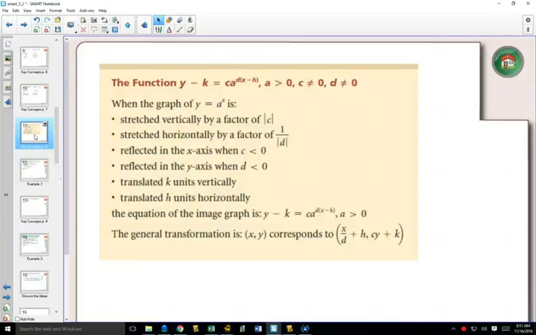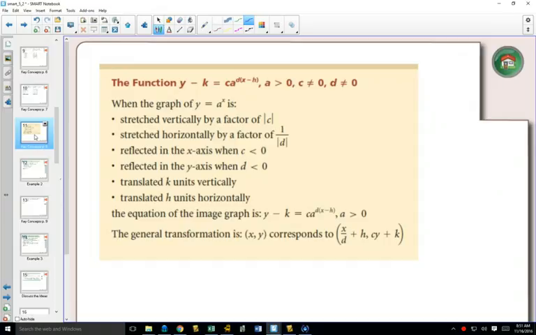So this screen, which is on page 346, is a description of doing transformations for exponential functions. There's a lot of information there. We're going to go back to the same thing we did in chapter 3, which was move left to right when doing our transformations, and we're going to do the same thing for exponential functions.